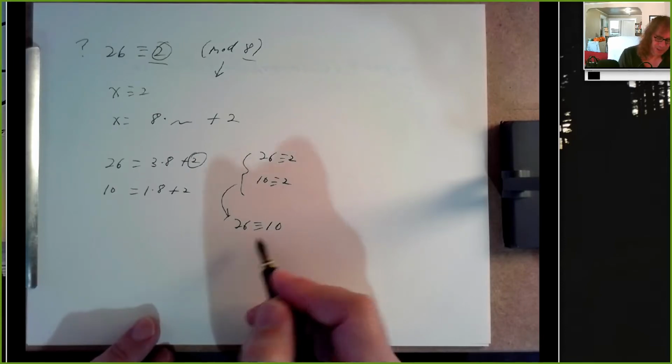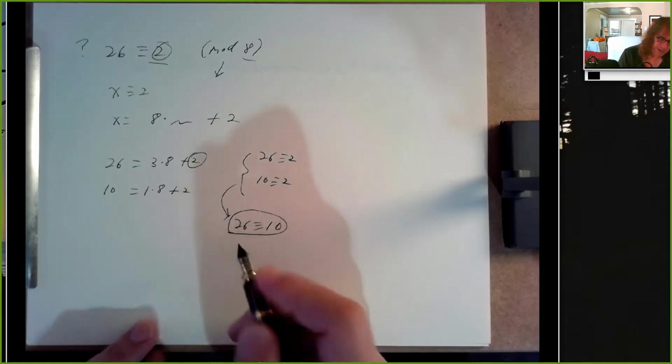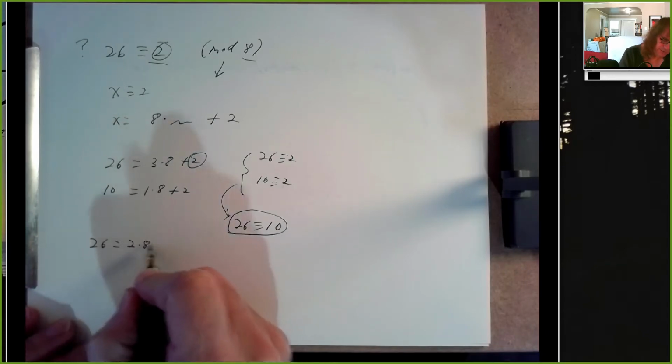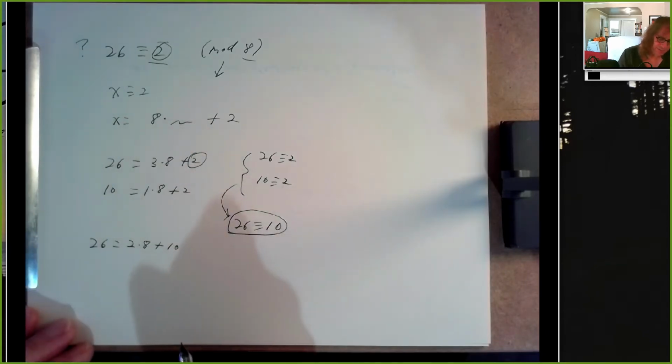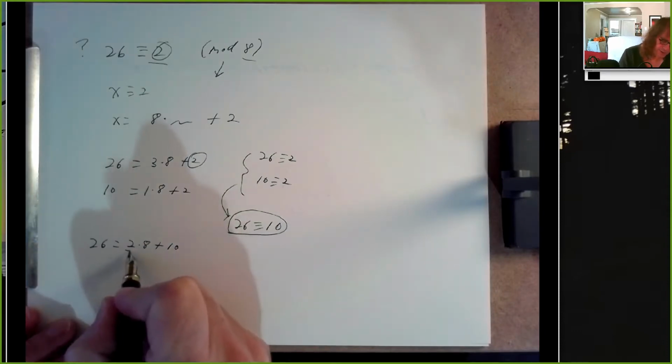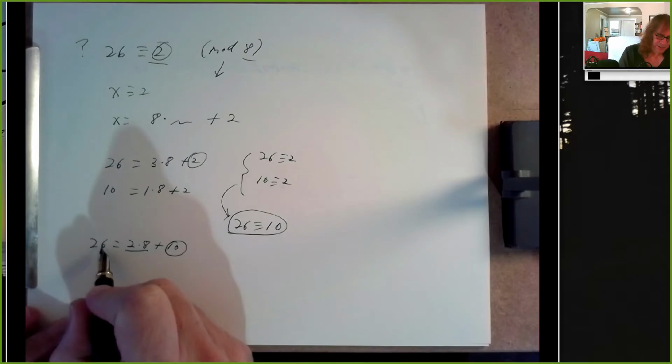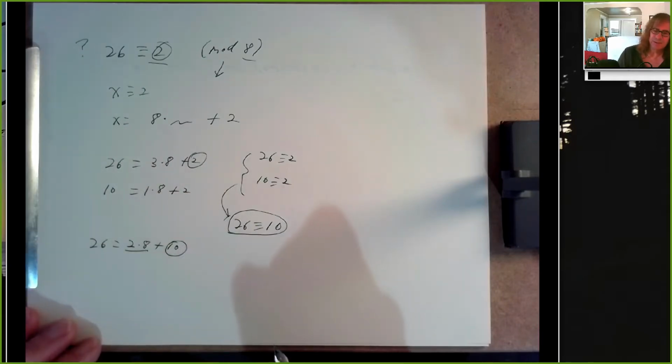That's totally legit. How do we know that 26 is congruent to 10? Because I can write 26 as 2 times 8 plus 10. So 8 goes in an integral number of times with 10 left over. That's enough to say 26 is congruent to 10.